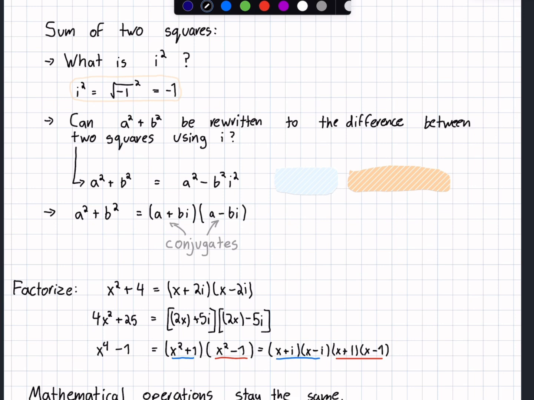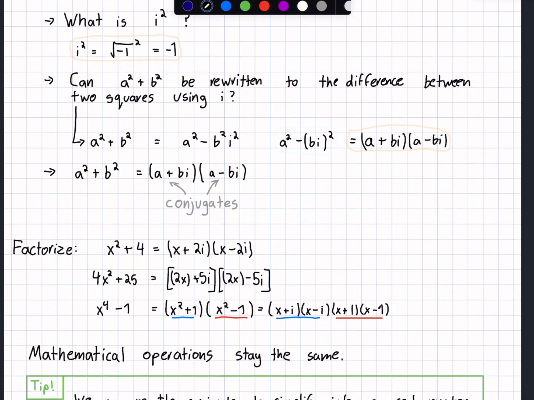Using this property of i, we can rewrite a squared plus b squared to be a squared minus b squared times i squared. And in this way, we can take a sum of two squares and transform it into the difference of two squares using complex numbers. Now, you can also notice that both terms that result from the sum of two squares are conjugates.